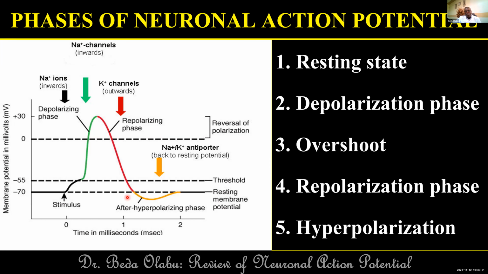Yet the resting membrane potential of neurons is around -70. So there'll be sustained opening that is responsible for the hyperpolarization phase before the cell membrane potential, the resting potential, is restored to -70.